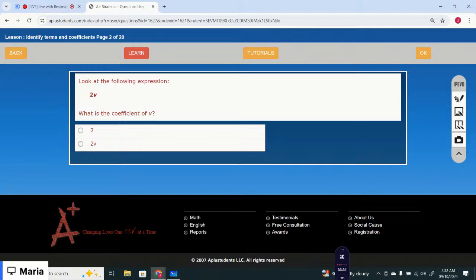Look at the following expression. What is the coefficient of V?